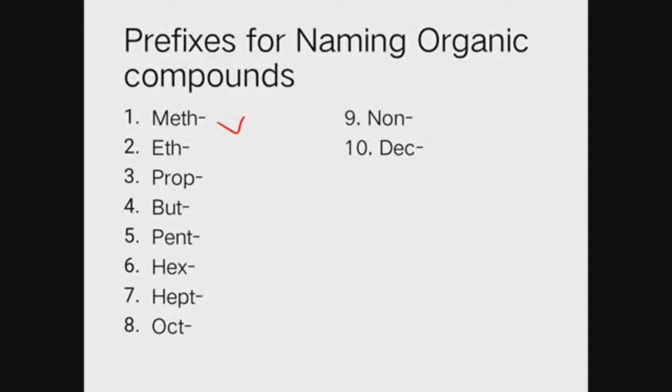Now, I did not prepare a slide for the suffixes, but as functional groups, we'll get to that part. Some end with ane. Ane is basically when every bond is single. Yne is when the bond is triple. Then ene is when there is a double bond.